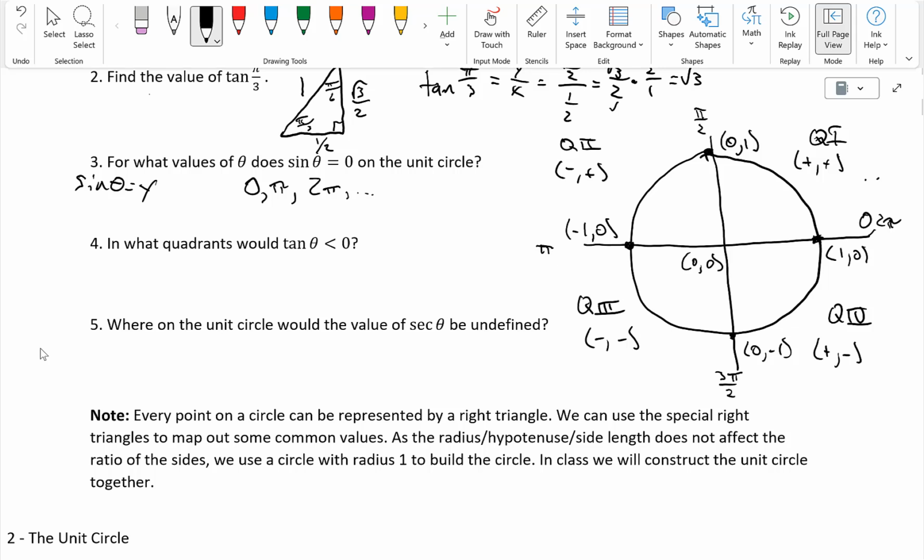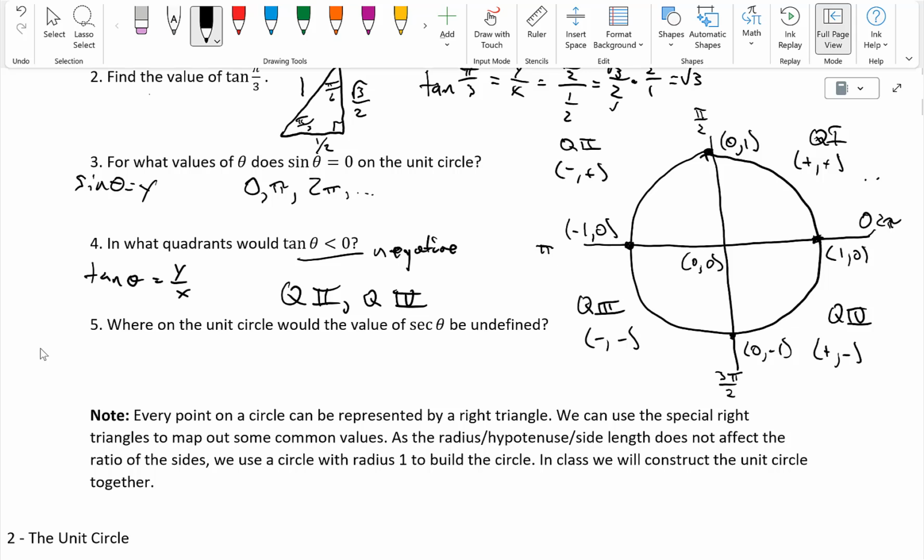So for tan theta, which is equal to y over x, to be less than 0, we just want a negative value. So we'll get a negative value when our signs are opposite. So that's going to happen in quadrants 2 and 4. Right, in quadrant 1, where both are positive, we'll get a positive ratio. In quadrant 3, when both are negative, those negatives will divide out and give us a positive ratio again.